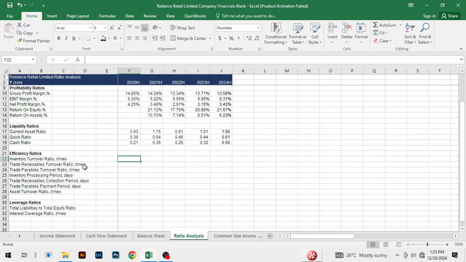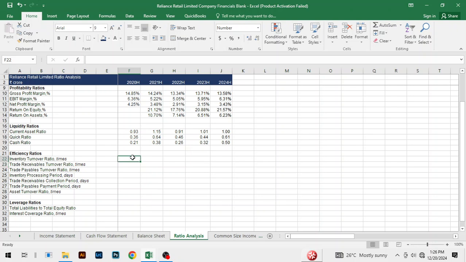And the trade receivables turnover ratio shows us how many times the company collects money from its credit customers. And trade payables turnover ratio shows us how many times the company pays its creditors, right? So here let's do that.